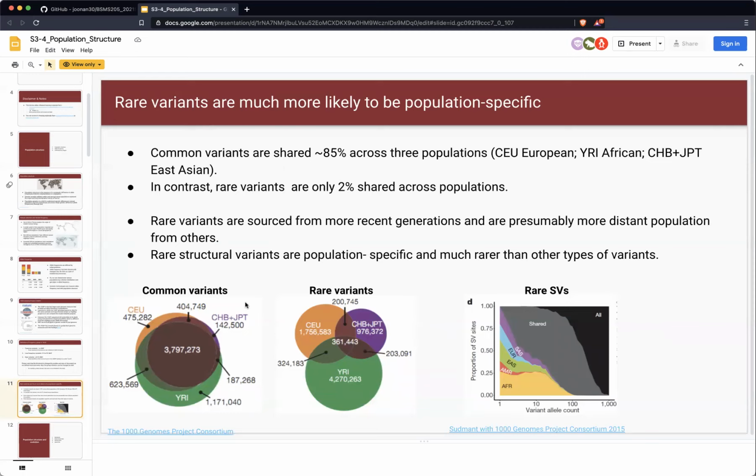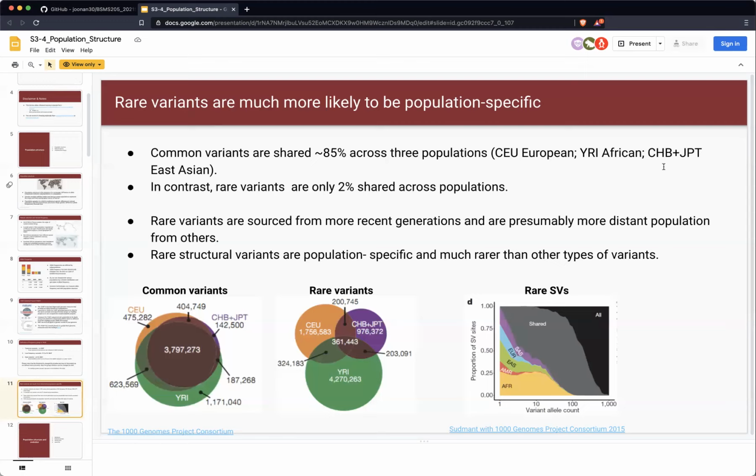The reason is that the common variants are expectedly shared by a large proportion across the populations. Here they are looking at the Central European CEU, the African YRI, and the Han Chinese and Japanese, which represent East Asian, and looking at the three populations, 85% of the common variants are shared by them, right? But the rare variants are surprisingly only 2% shared by the populations.